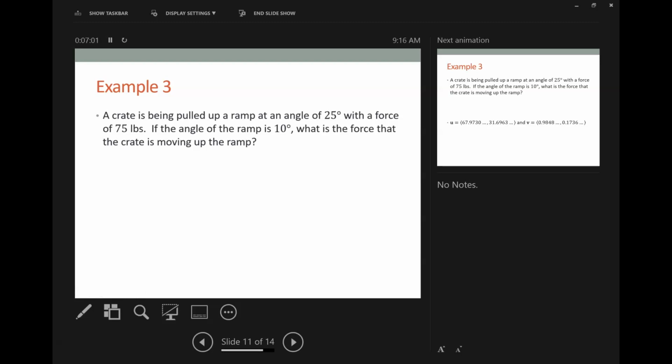So what can we assume the magnitude of the ramp vector to be? 1. Oh, sorry, this is the ramp vector, the 10 degrees. My apologies. So there's my one vector. Everybody agree with that?